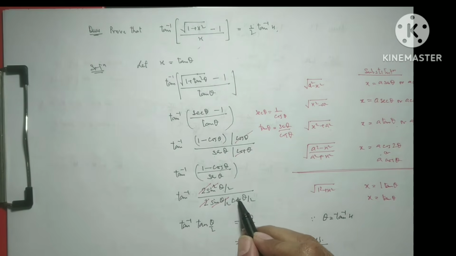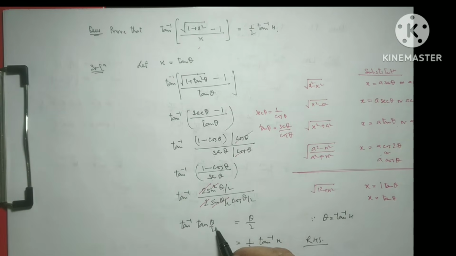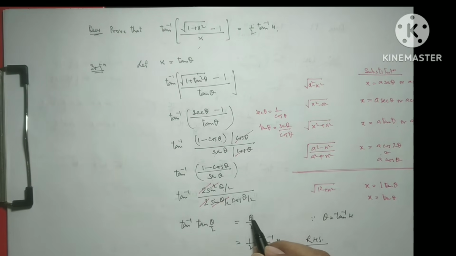That is easily converted into tan theta by 2. So it is tan inverse of tan theta by 2, and using the inverse formula, inverse of any trigonometric function is equivalent to the angle. So right now we have theta by 2. These will be cancelled out or neutralized.